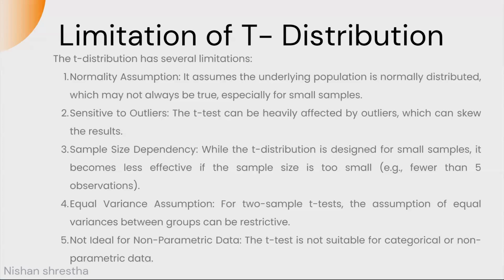Moreover, while it's designed for small samples, it becomes less effective when the sample size is extremely small, typically fewer than 5 observations. The assumption of equal variance for two sample t-tests can also be restrictive. And finally, the t-distribution is not suitable for non-parametric or categorical data.